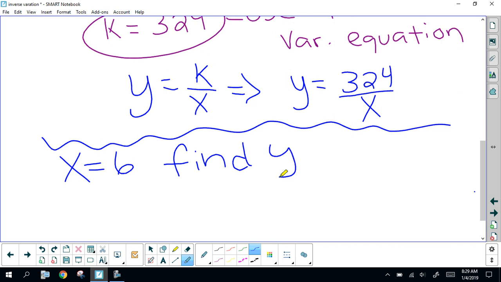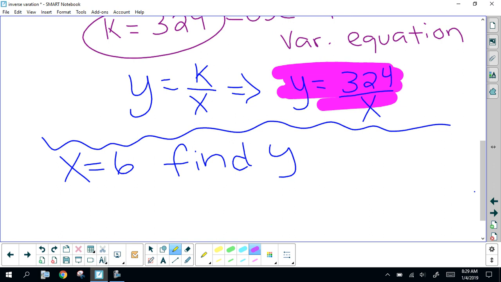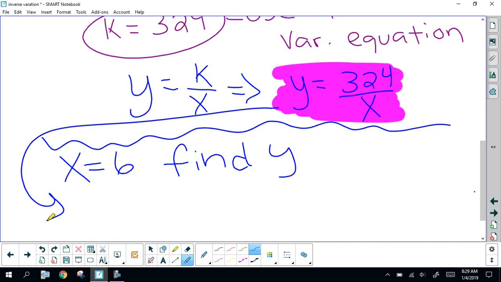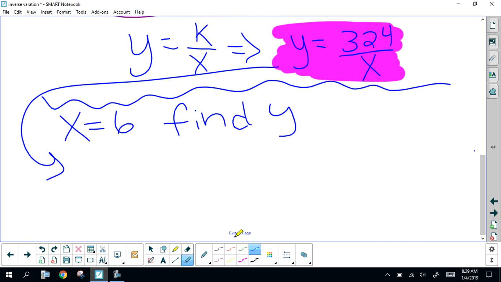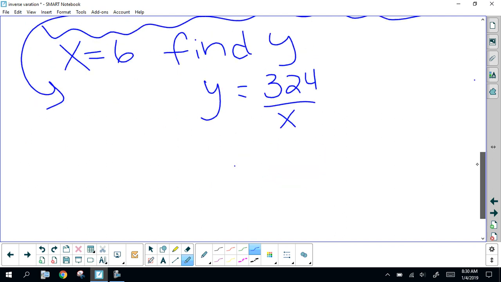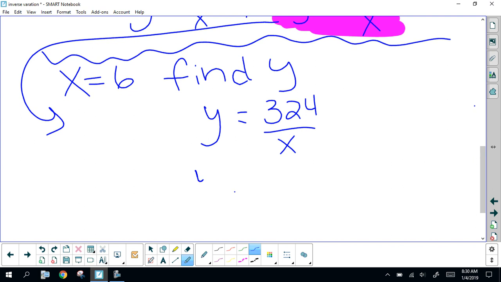We're going to use the equation that we just came up with, so this equation needs to come down here. y equals 324 over x. Do we know what x is? Yeah, we do. It's 6. So y equals 324 divided by 6. Put that in your calculator.